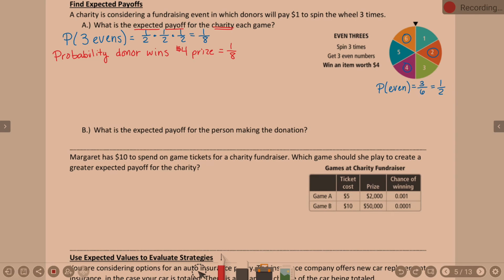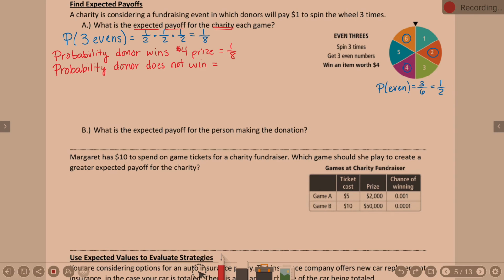Now, okay, what is the probability the donor doesn't win? Are you guys with them? Probability donor does not win. Why 7/8?